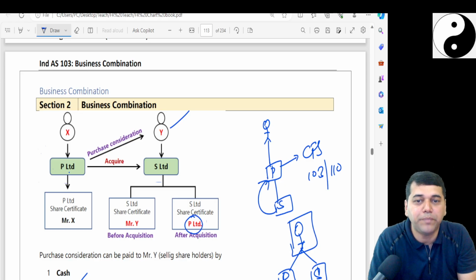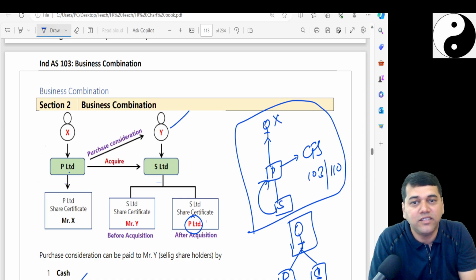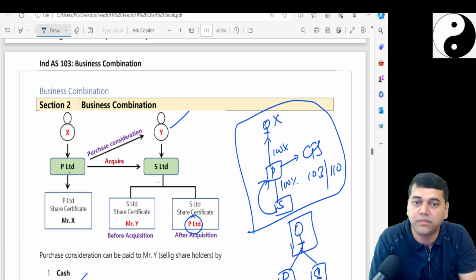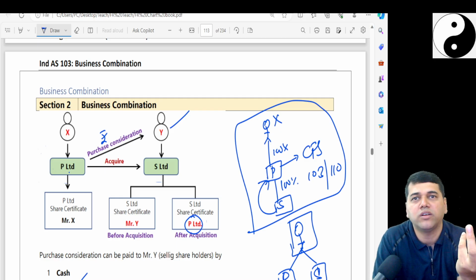Now the owner is P. This is the new structure of the business, where X is at the apex top. Under him is 100% subsidiary P, and under P is 100% subsidiary S. Why? Because the entire purchase consideration was paid in cash, and Y is no more concerned.